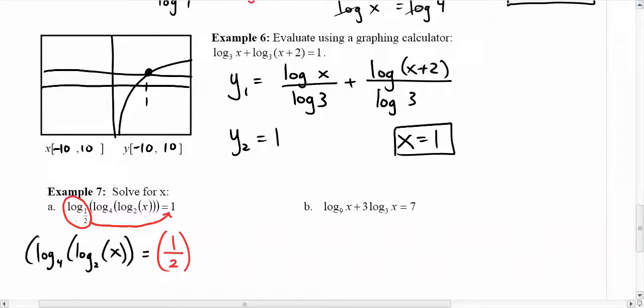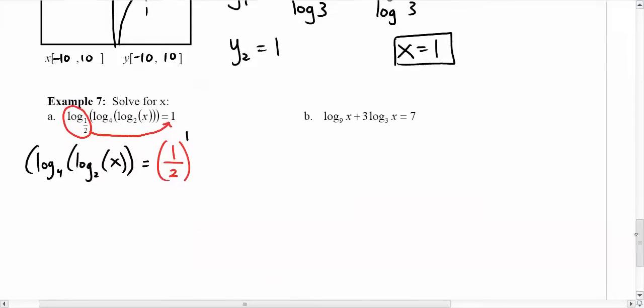And when we move a log to the other side of an equation, everything on that side gets pushed up into the exponent. Okay, the 1 becomes an exponent. So that means log base 4 of log base 2 of x is just a half to the power of 1, which is a half.